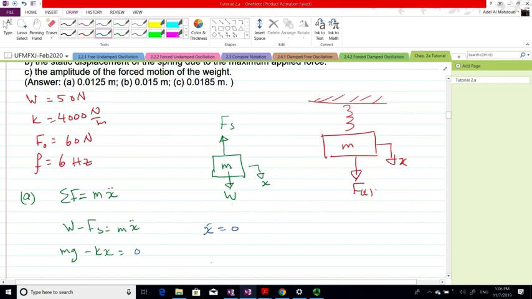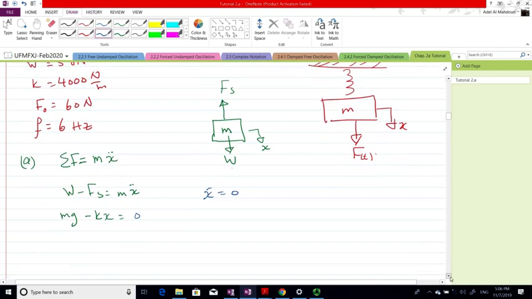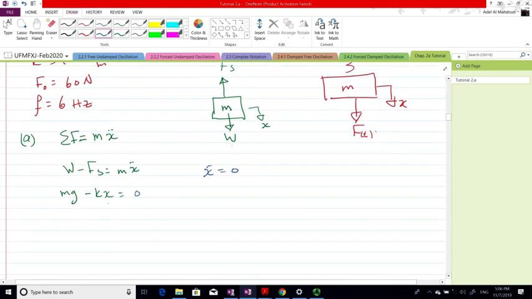Then what do they want to know? They would like to know the displacement, isn't it? So the displacement is which term in this formula? X. And if we move this one to the right, and mg in the left, what do you get? X is going to be mg over k.